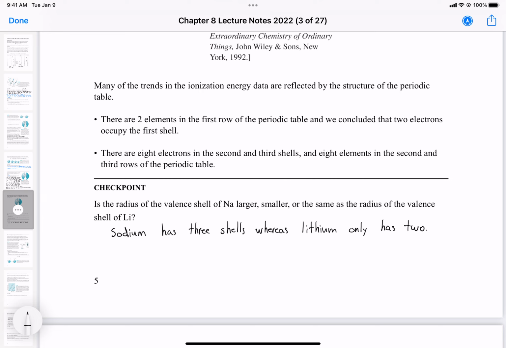Okay? So if we think about the ionization energies, they kind of tell us which one has a smaller or larger radius.